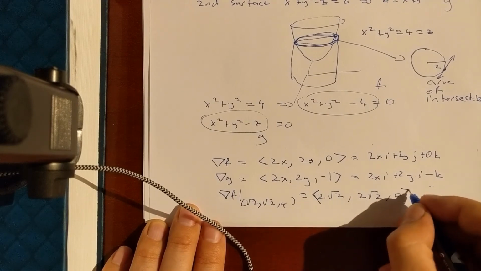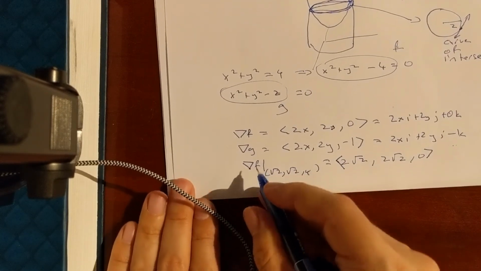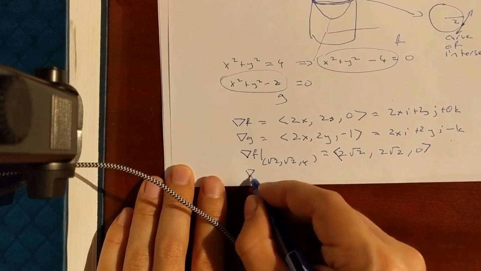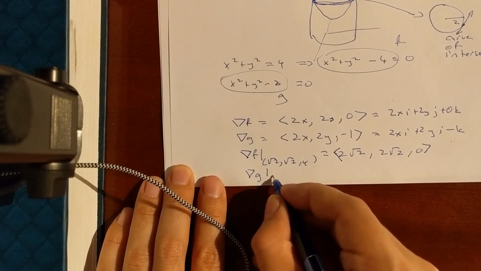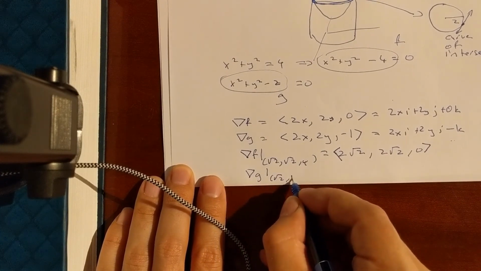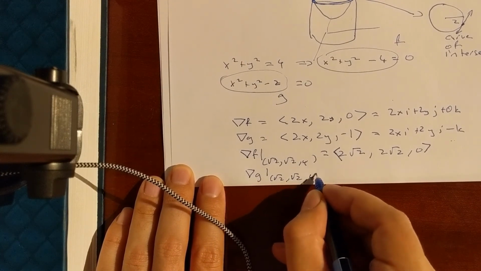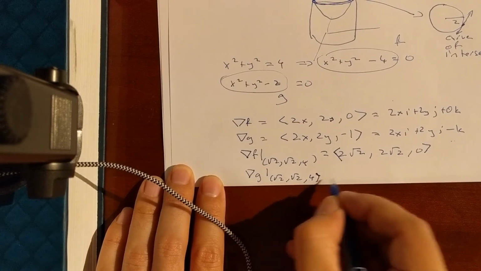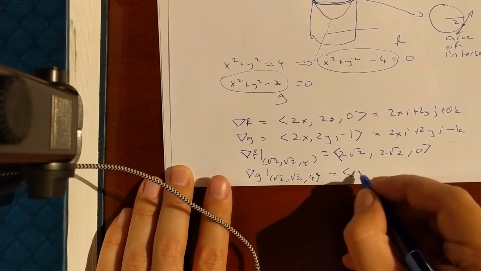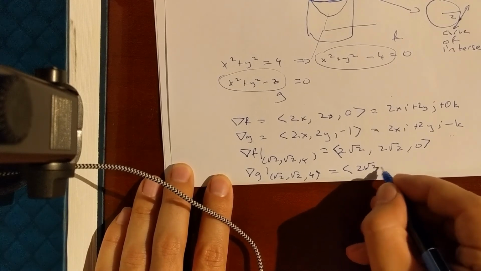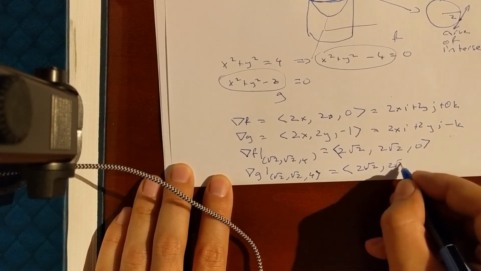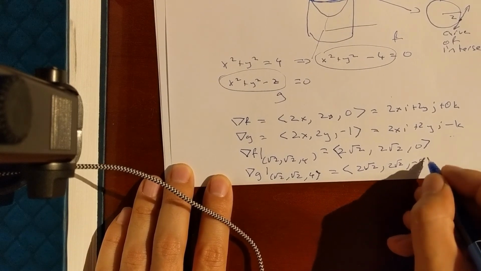And finally, if we evaluate gradient of g at square root 2, square root 2, 4, again we get 2 square root 2, 2 square root 2, but this time we're going to get a minus 4.